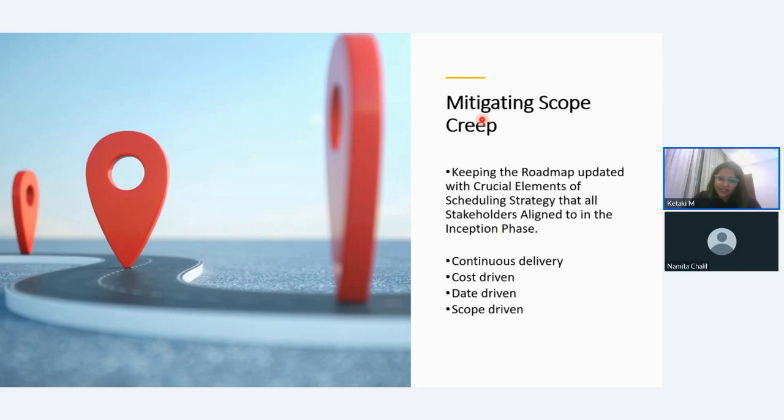In agile project management, while the scope is not really fixed, the scope of value delivery indeed can be fixed, right?